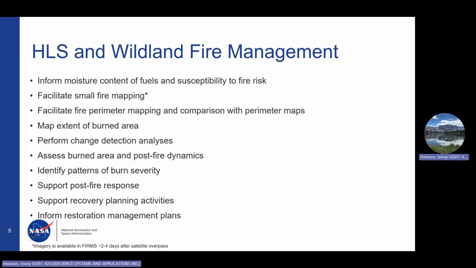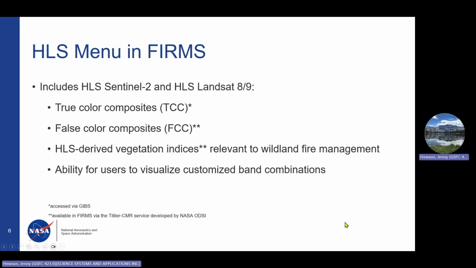The HLS menu in FIRMS includes both HLS Sentinel-2 as well as HLS Landsat 8 and 9 true color composites that are accessed via NASA's Global Imagery Browse Services, or GIBS, the false color composites, as well as selected vegetation indices that are relevant to wildland fire management.